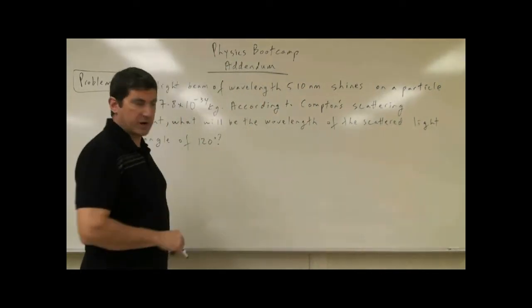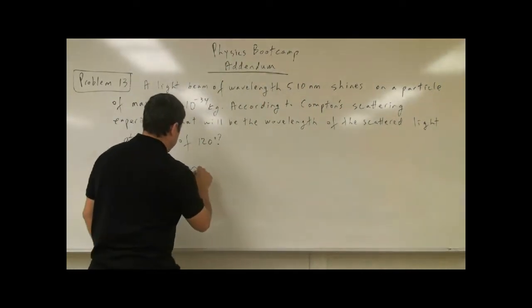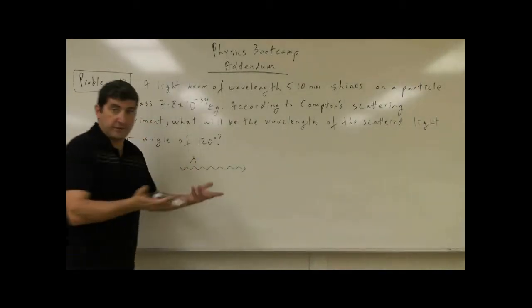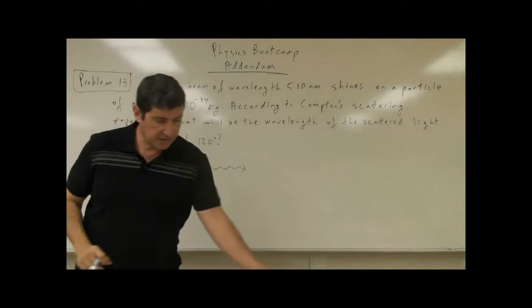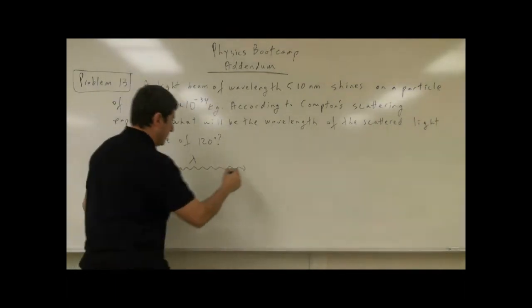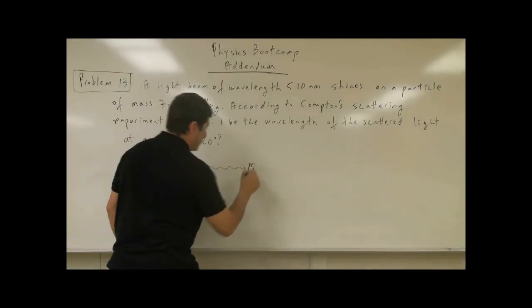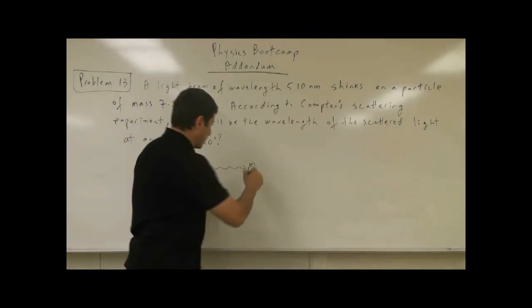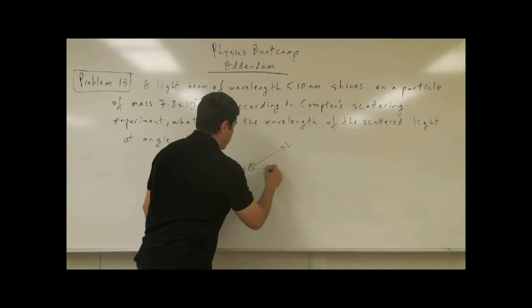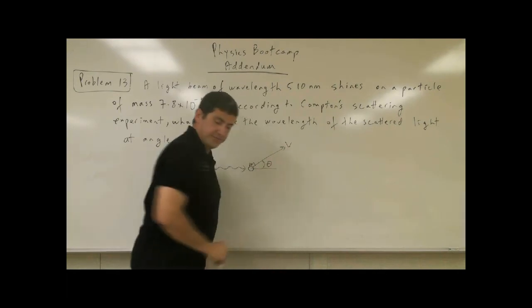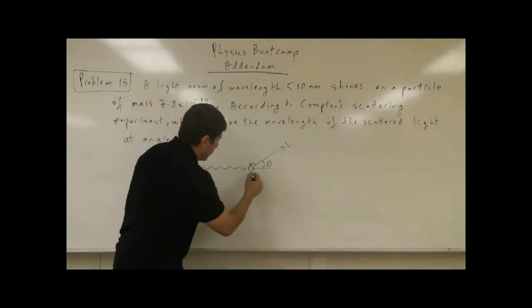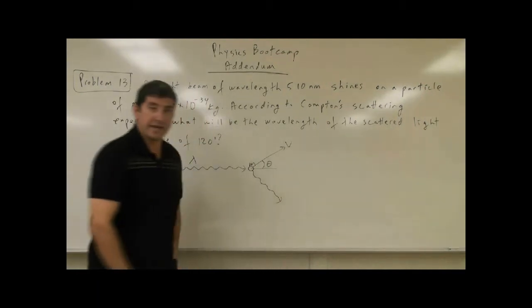So basically the experiment consisted of shining a beam of light of a certain wavelength, and therefore a certain frequency, on a particle of mass m, and the mass m went off in a certain direction with a certain velocity at an angle theta, and then the light was scattered at a different angle.